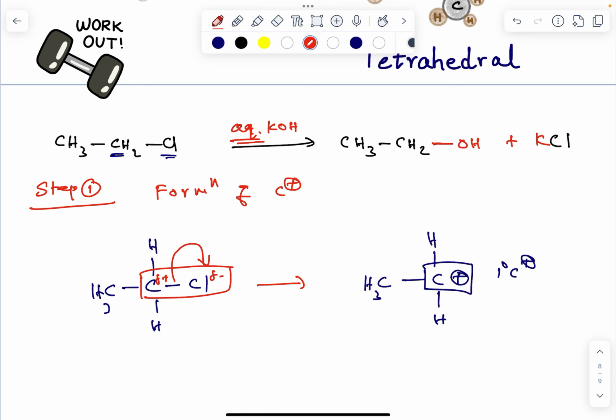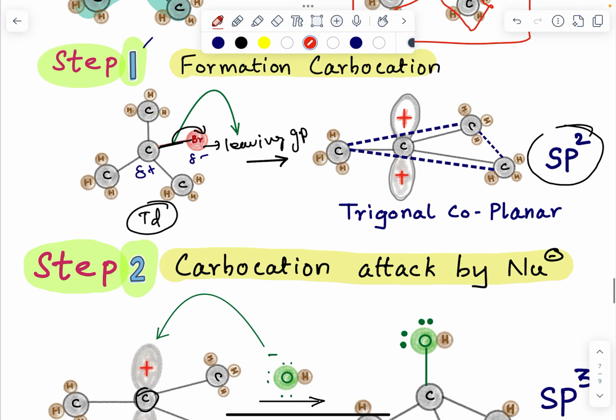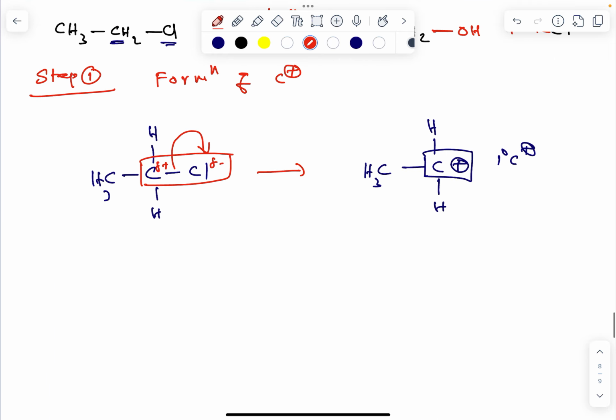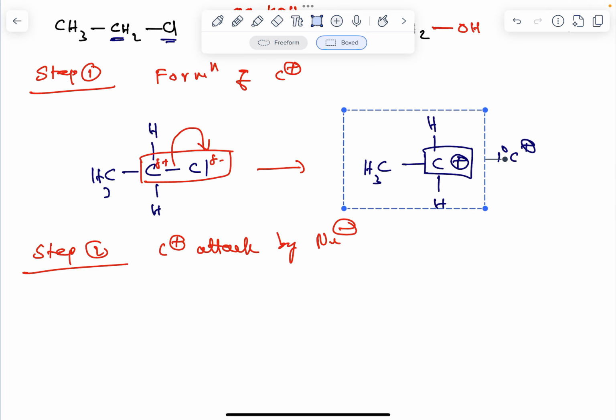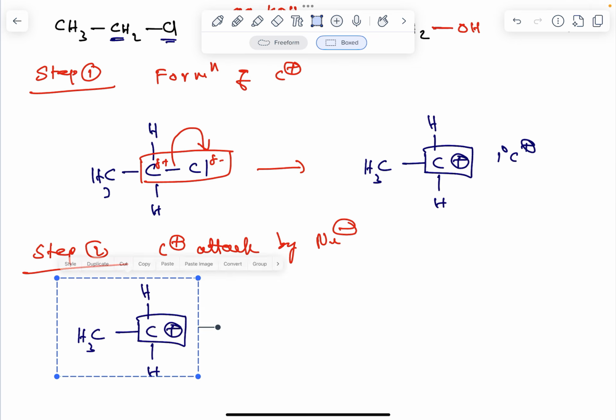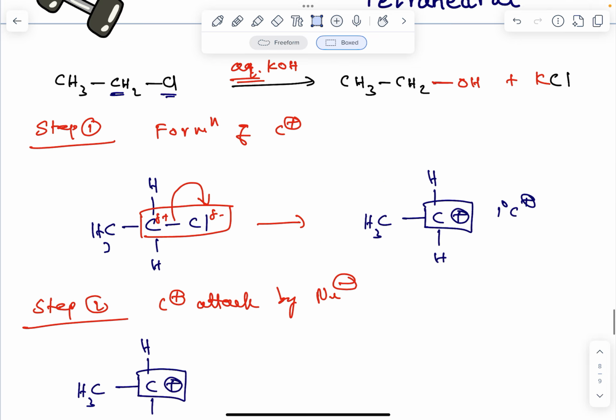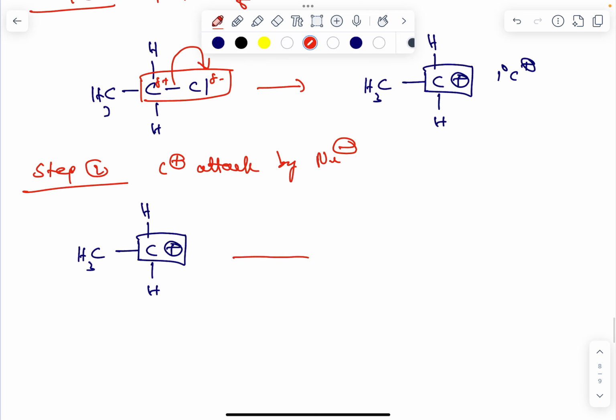So what is step number 2? Step number 2: the carbocation is attacked by the nucleophile. Here a primary carbocation is formed. In this reagent, I am adding aqueous potassium hydroxide. From the aqueous KOH, what type of nucleophile can I expect?